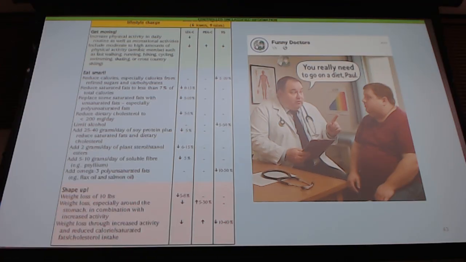So just looking at the things that can lower your LDL. So we talk about eating healthy and physical activity, but you can see by changing your diet up, here's 15% reduction here, here's 10% reduction here, you're getting to the point where you're reaching the low intensity statin levels of response just by eating healthy. Let me start limiting my alcohol.